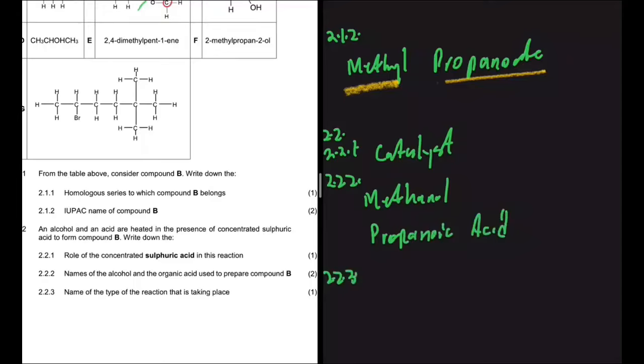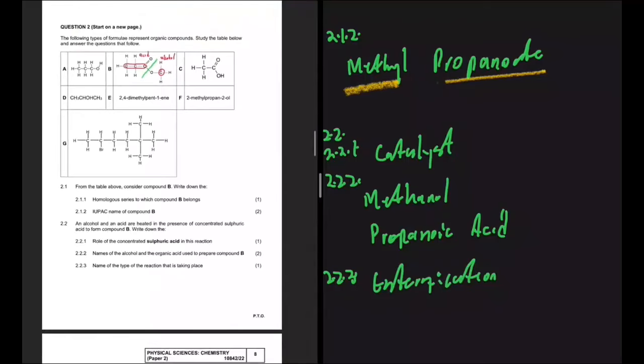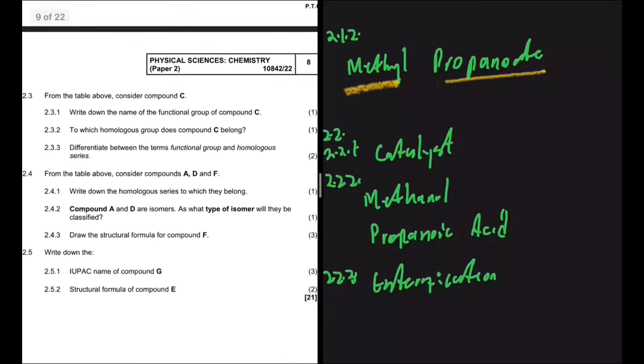Obviously the name of the reaction that is taking place is esterification. And other books will say condensation, which is also correct. I see that option time after time in memos. That is 2.2. Let's move to 2.3.